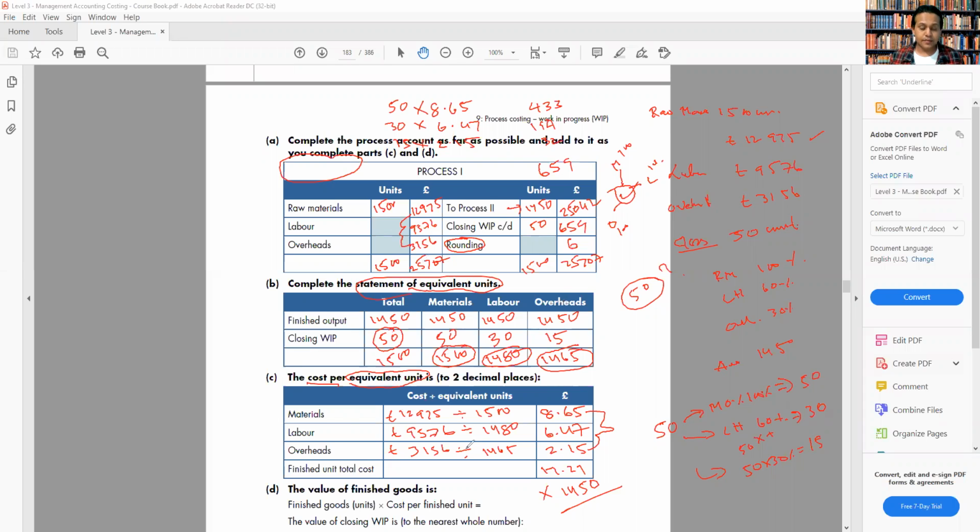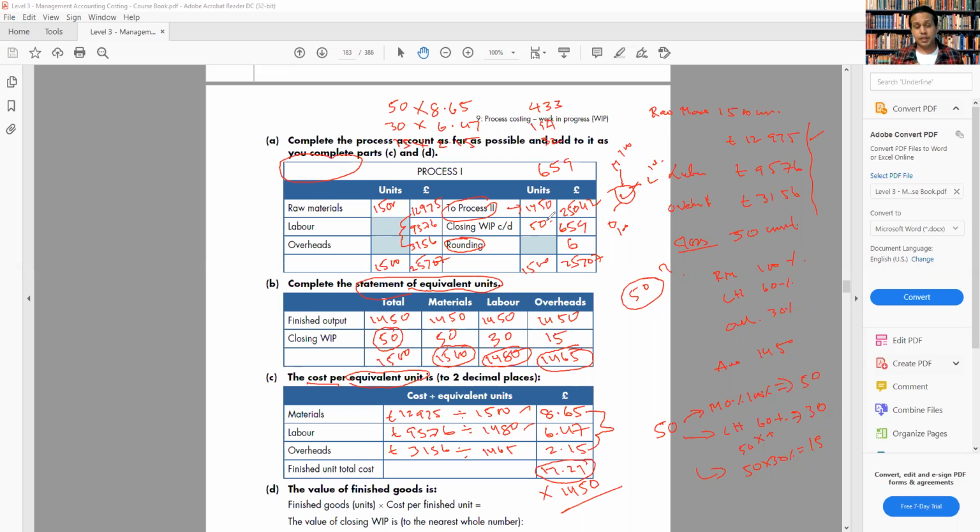And after that, we have to get the cost per equivalent unit. So we have the cost and we have to divide by the unit. That will give you the cost per equivalent unit. If you add all of this, that will give you the total cost for 1 unit per equivalent. And when you multiply with the process 2, you use that. And after that, you find the value for your closing inventory and you follow the same steps.